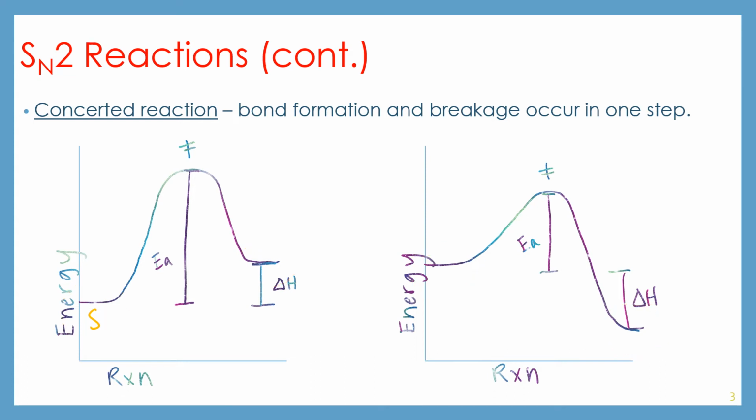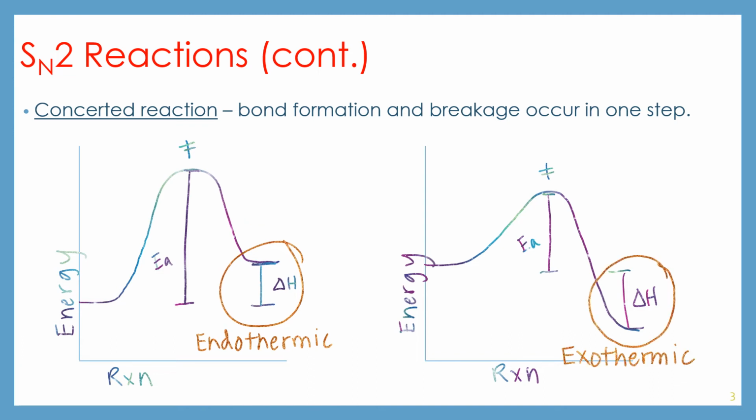Whereas in the other circumstance, the starting material is more stable than the product. So these two differences are the differences between an endothermic reaction, where energy has to be put into the system so that the product can be formed, versus an exothermic system where energy leaves the system as the product is formed.